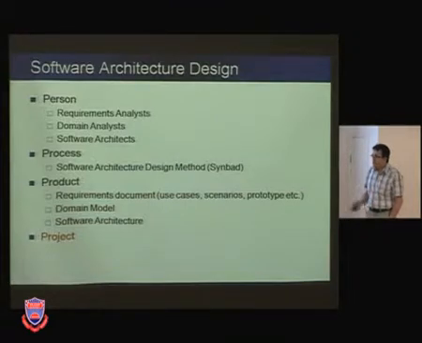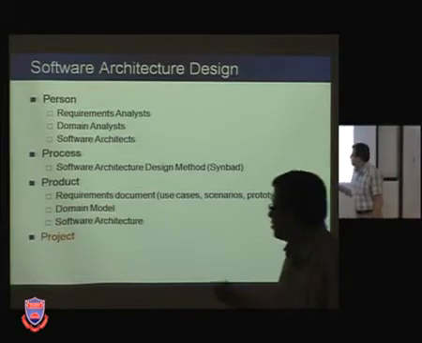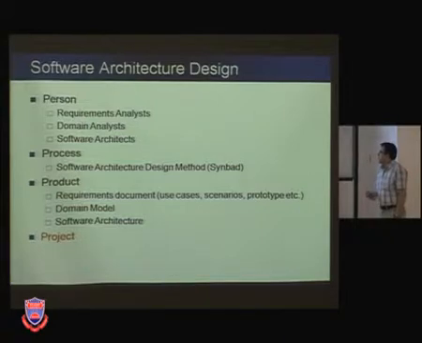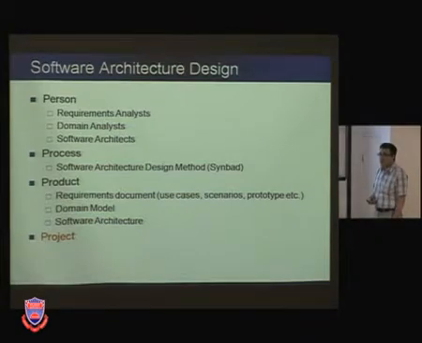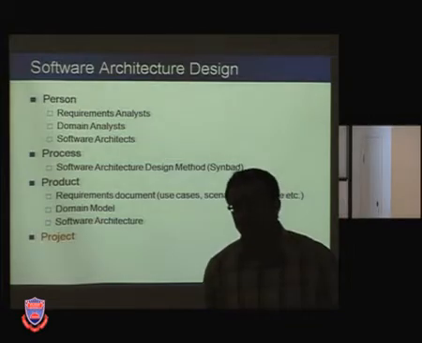If you develop a software system, we can talk about the 4 P's. Persons: there are requirements analysis, domain analysis, software architects. The process: the software architecture design method that you will follow, the domain-driven architecture design method.